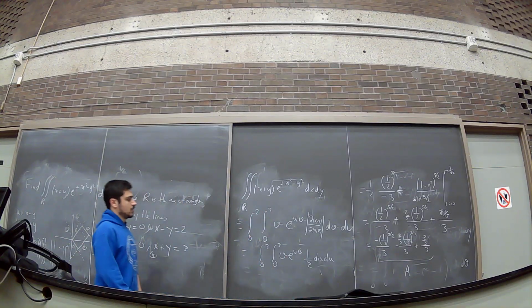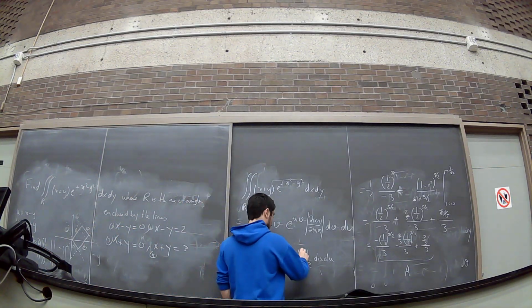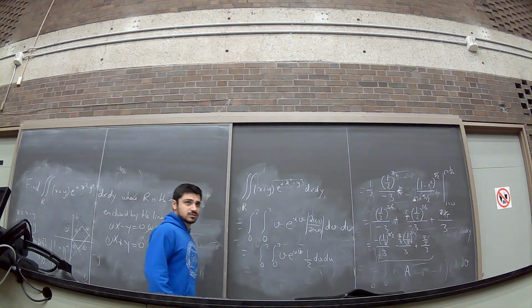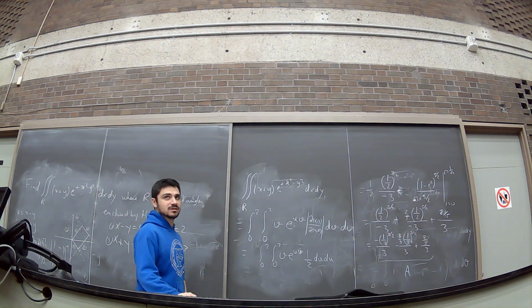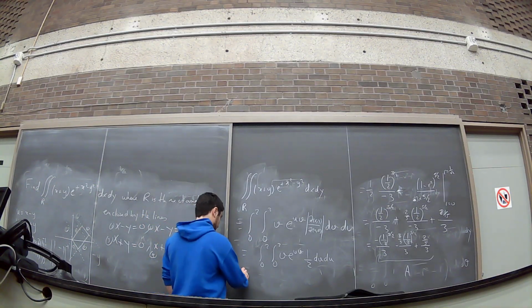dv du. I suggest that you switch the order of integration just to avoid integrating by parts. Maybe you still have to integrate by parts at the end, but let's try and do it.